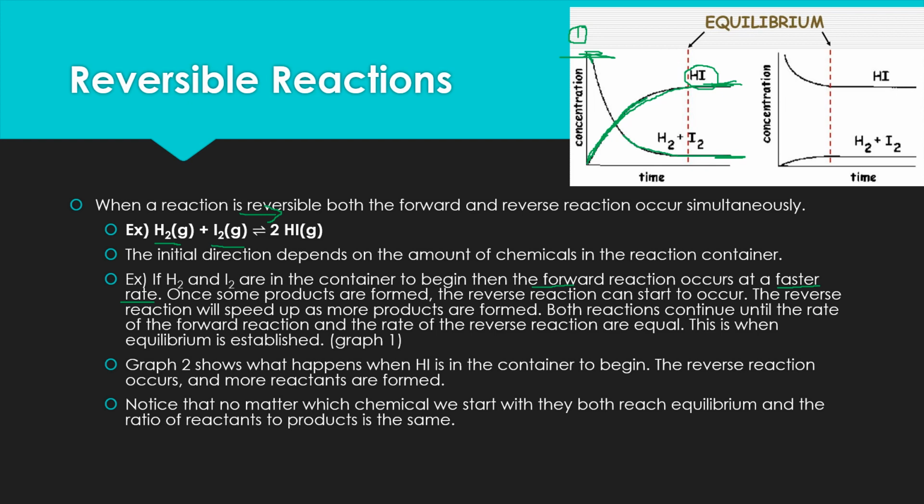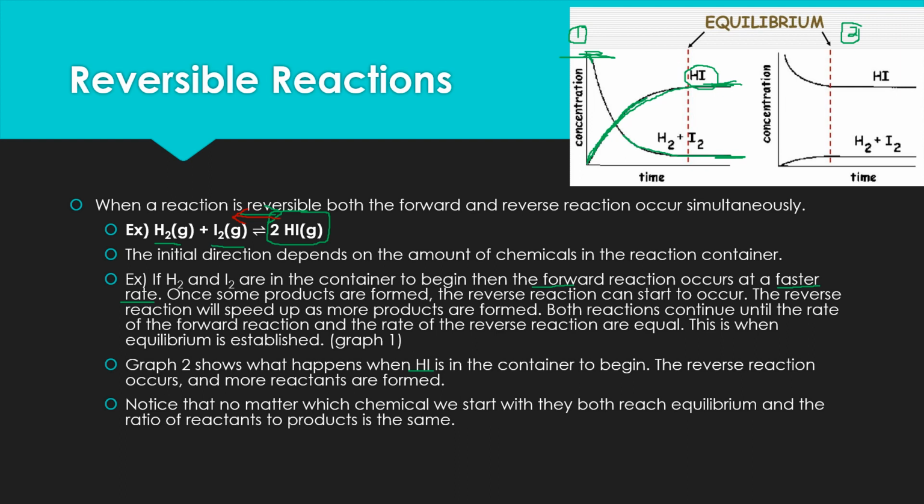Now, if we look at the second graph, let's call this number 2. Graph 2 shows what happens when HI is in the container to begin. So a little bit different situation. Instead, we start with an empty container and we put HI in there. So we're putting product in there. Well, that means that our reverse reaction is going to start out fast.